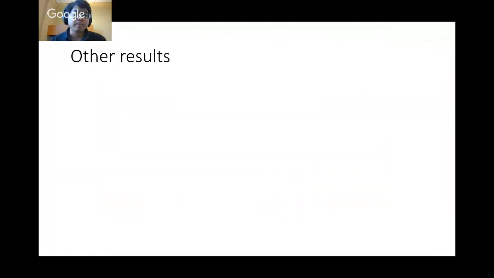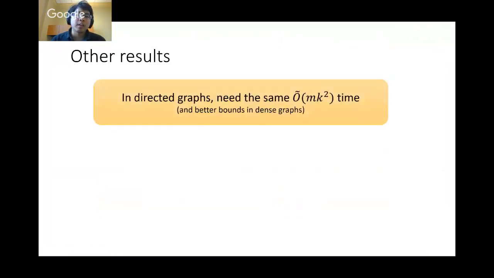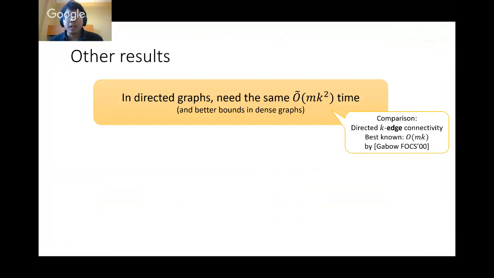And actually, we have some other results. The algorithm can be extended to directed graphs with the same time, mk squared. Just to compare with a related question, k-vertex connectivity in directed graphs, here we don't have near linear time yet. The best known is mk.